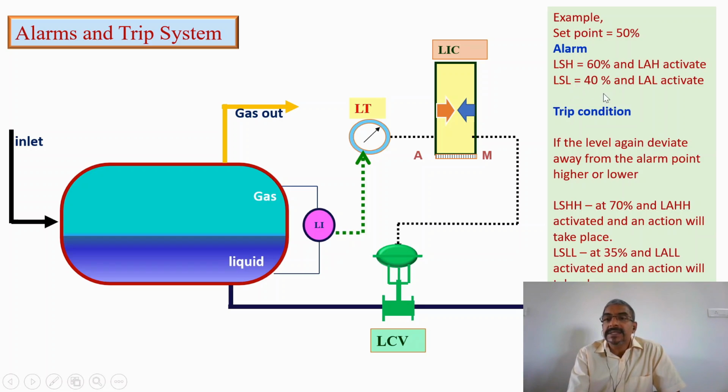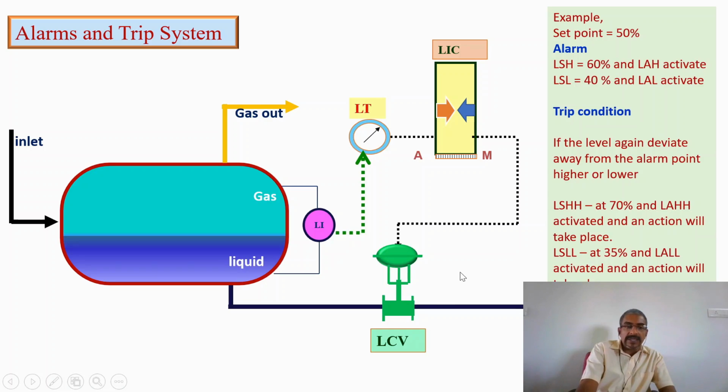In that case we can design and fix a level alarm high, and a level switch high can activate when the level reaches 61%, above 60, or just reaches 60, and the level alarm high, a visual and audible alarm, activates in the control room.